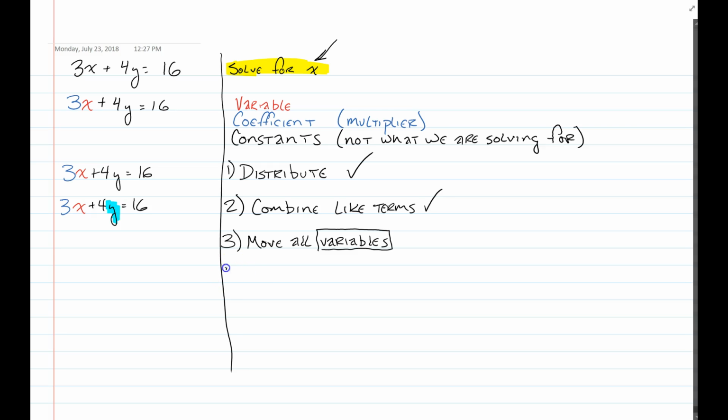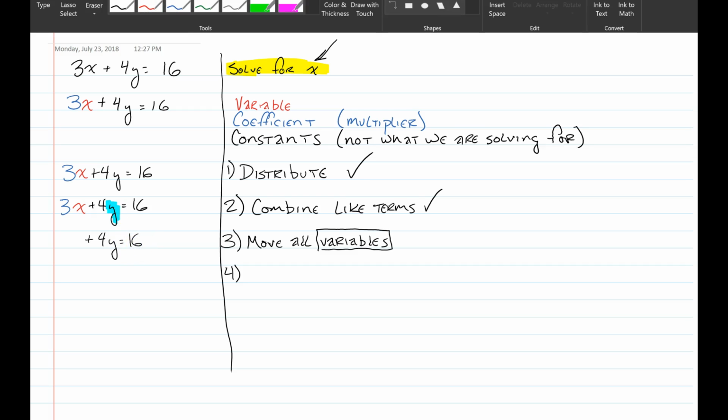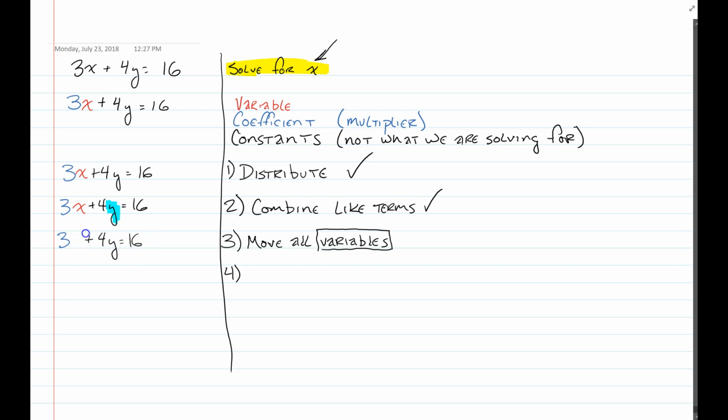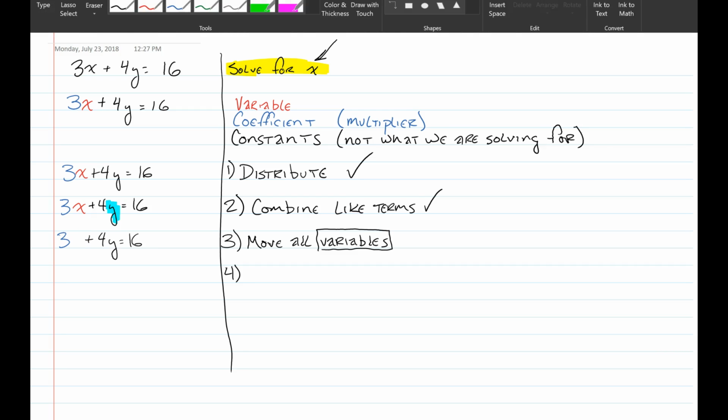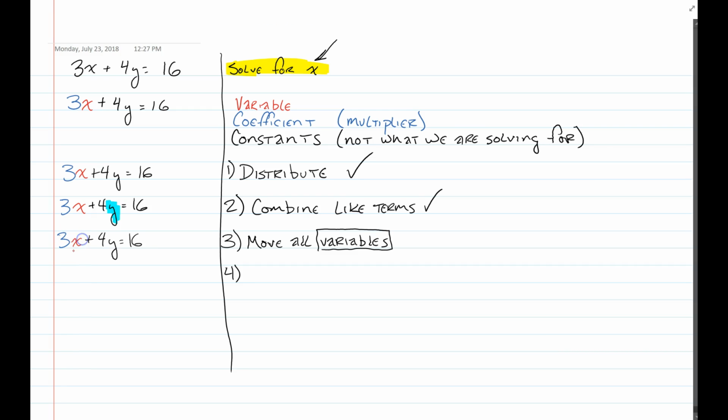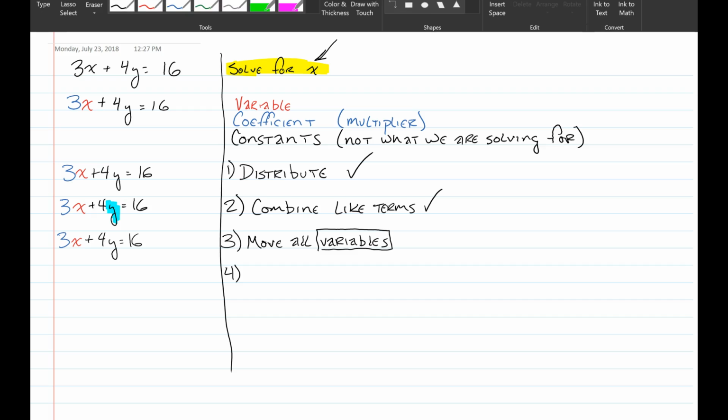Now, step 4, as you'll recall, well, actually, let me keep myself honest to what I said I was going to do here. Step 4, if you'll recall, was for us to move all constants away from the variable.